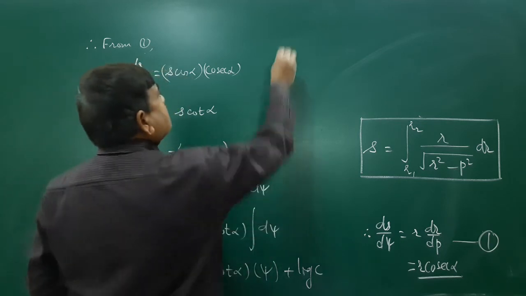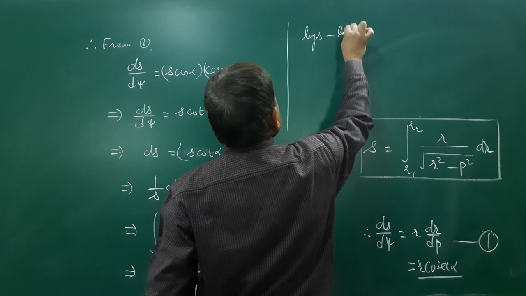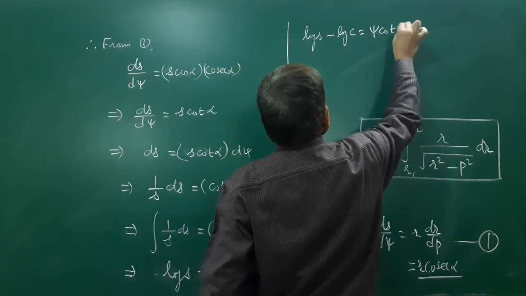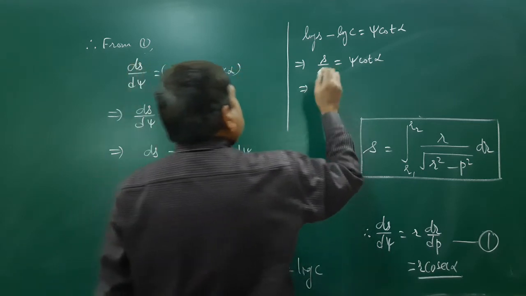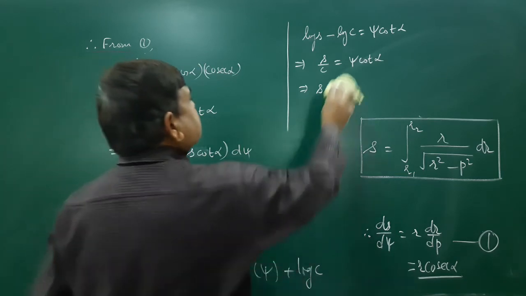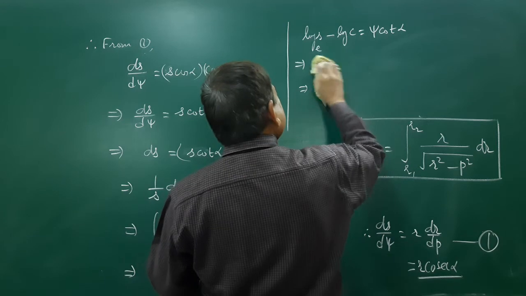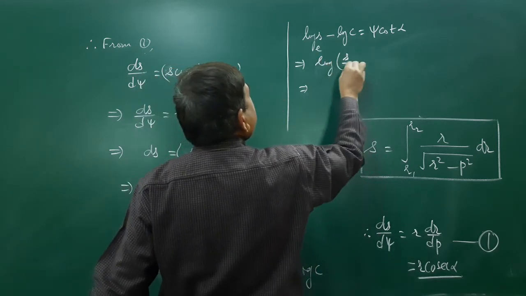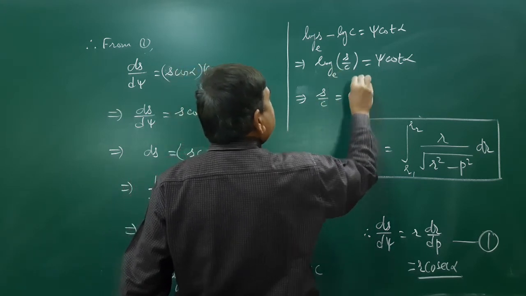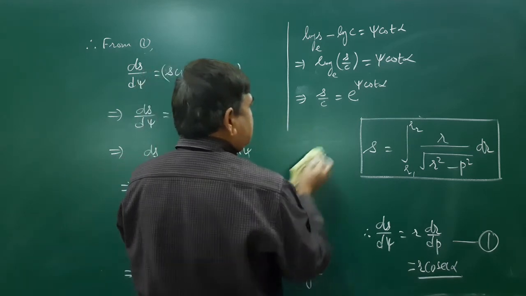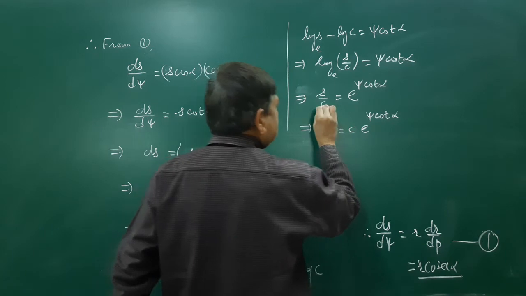With a little simplification, log s minus log c equals psi cot alpha, so log of s by c equals psi cot alpha. Taking e to the power, s by c equals e to the power psi cot alpha, and this implies s equals c e to the power psi cot alpha.